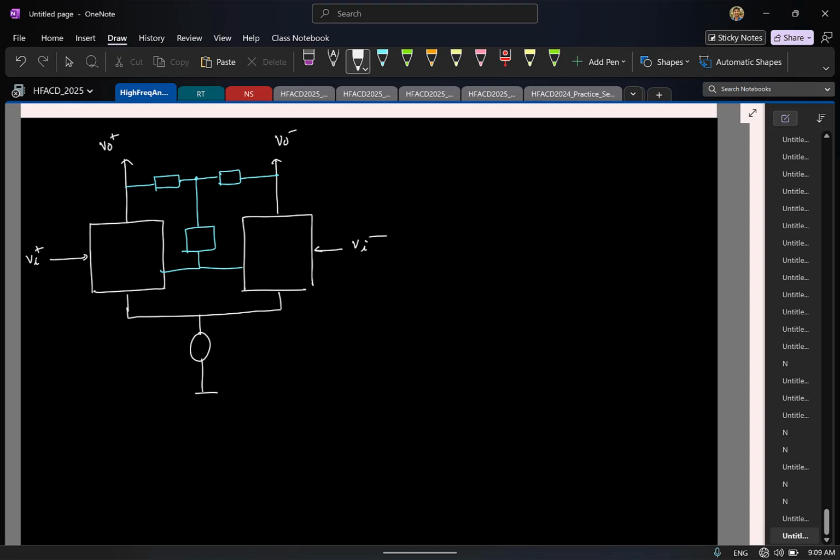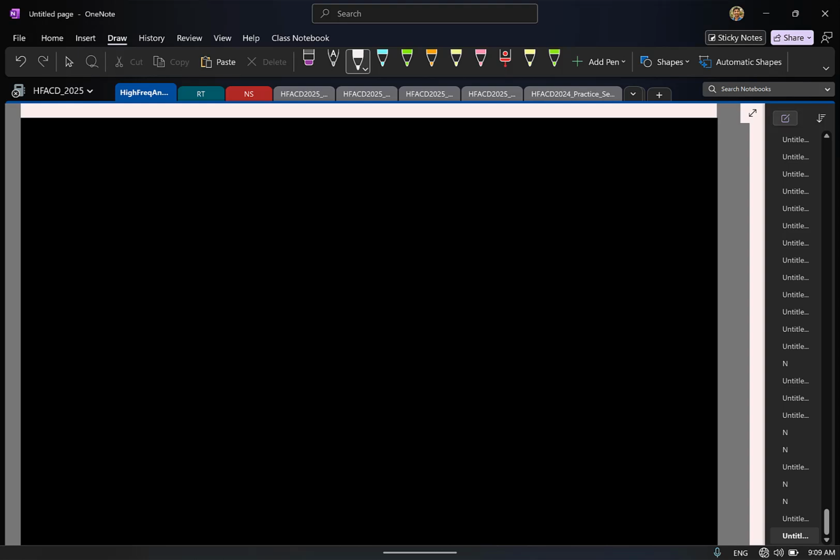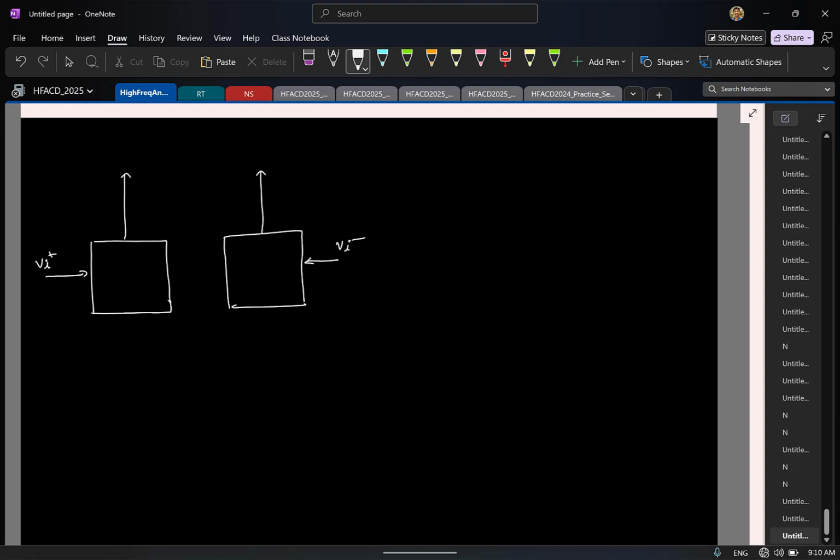So if you were to break it down and draw at a simpler level, you can consider a fully differential system to look like this. I have two half circuits. You apply Vi plus, Vi minus, and then you take the outputs here.